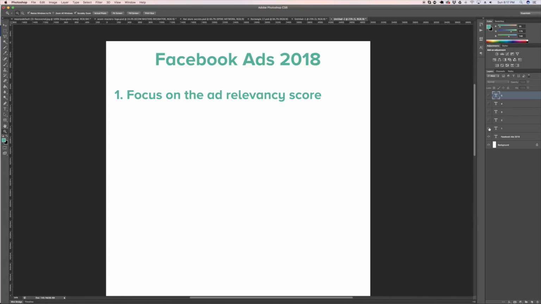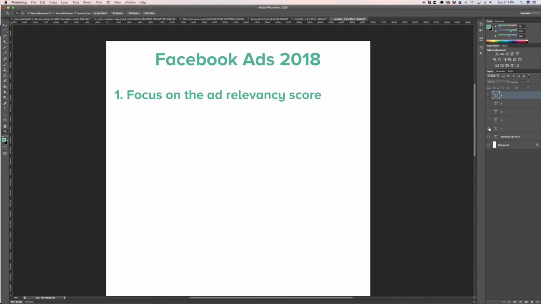This is a score that Facebook gives to your ads based on the positive and negative feedback of the audience that you're showing the advertisement to. Basically, if there's a lot of positive feedback on your advertisement from the audience, then the relevancy score is going to be a lot higher than if there's negative feedback.